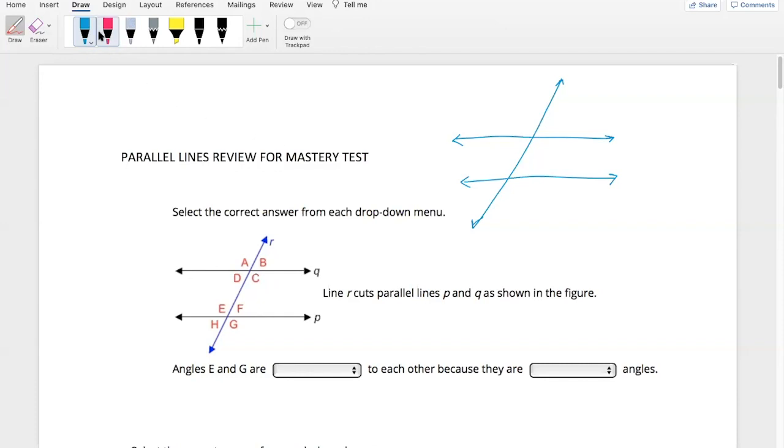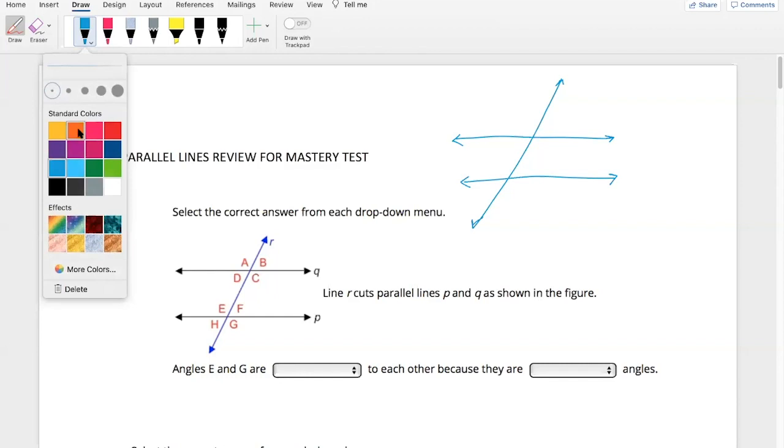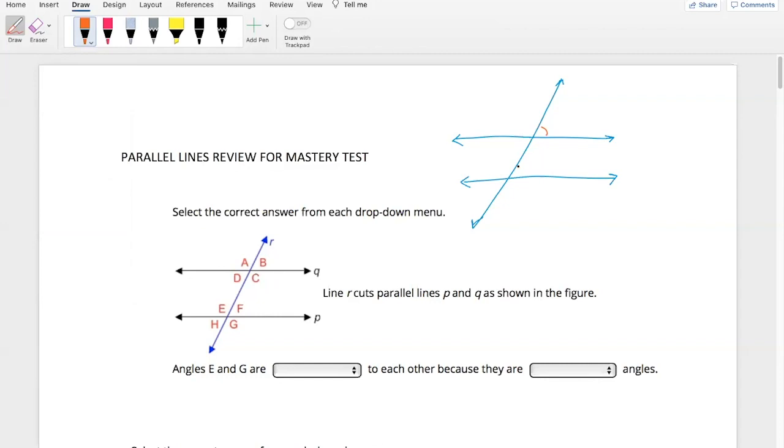And what also happens is we get a lot of congruent angles. So corresponding angles are in what we say the same location. So like the top right, those would be corresponding angles, and those would be congruent or equal.